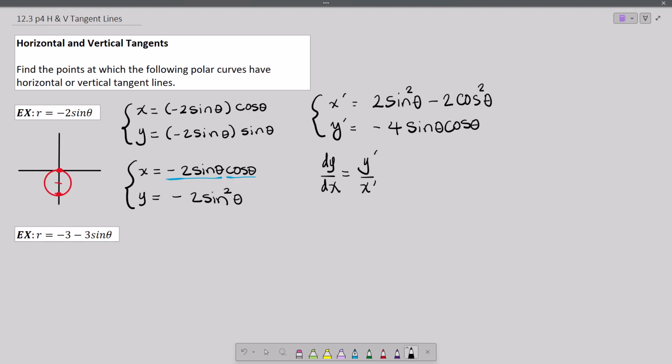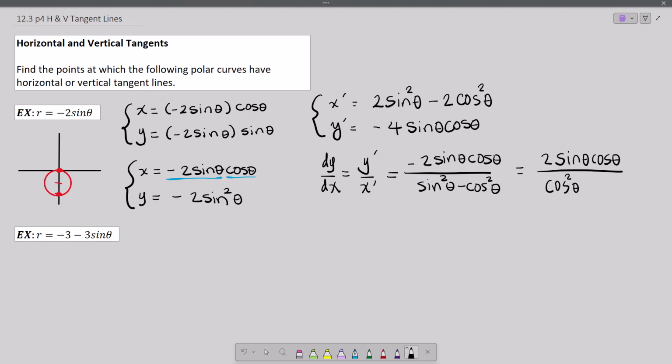So we'll write this just because it's pretty easy to do in this case. We'll cancel out a 2. So we're going to have minus 2 sine theta cosine theta. Dividing out a 2 in the bottom, we'll get sine squared minus cosine squared. And if you wanted to, you could push the minus into the denominator so that we have double angle identities exactly in both places.